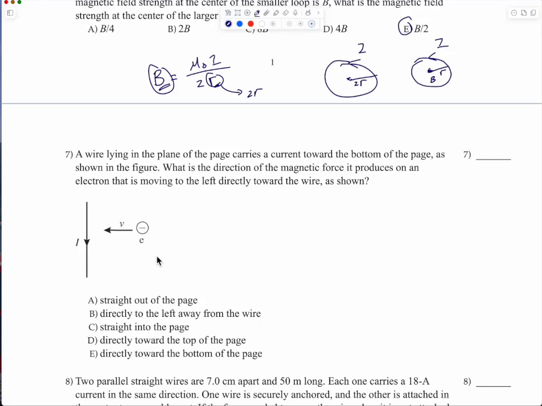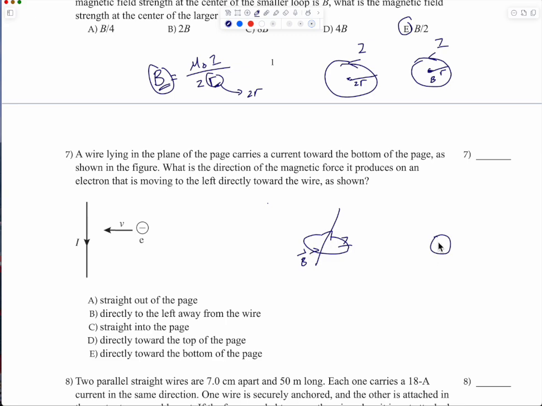First, what's the magnetic field due to this wire? Well, right-hand rule number 2. If you have a current, the field will be curling around it. Use your right hand, point your thumb in the direction of the current, and your fingers will wind around the thumb. That is your magnetic field direction.